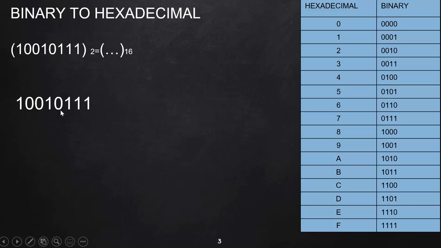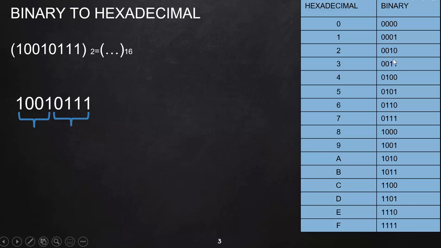So we need to group this given binary number from right to left, and each group must contain 4 bits. So group like this. The first group contains the bits 0, 1, 1, 1. And the second group contains 1, 0, 0, 1.